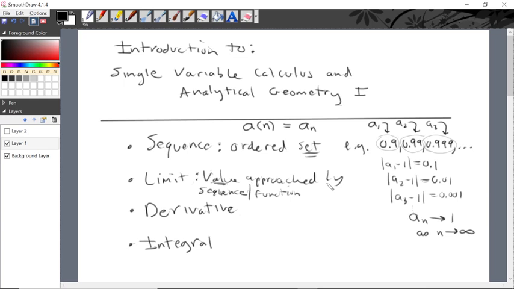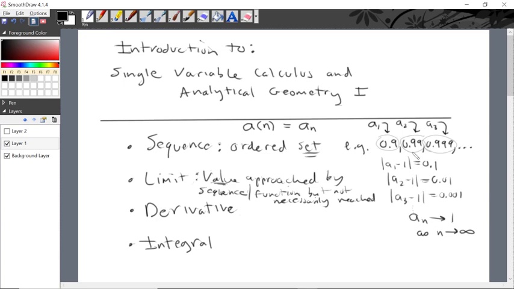It's approached by a sequence or a function, but not necessarily reached. It doesn't matter if we actually get to that value. No matter how many 9s we put after the 0 here, we will never actually be at 1.